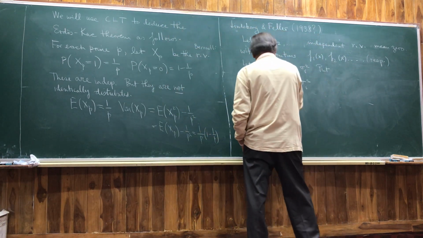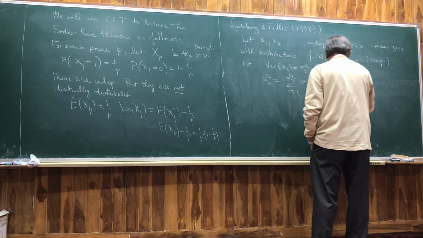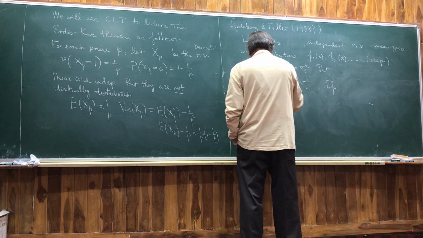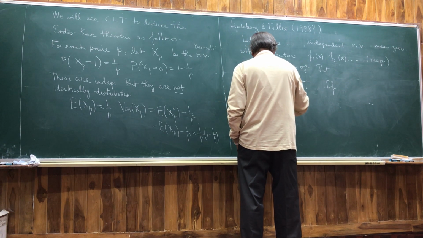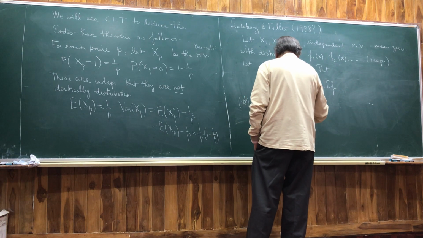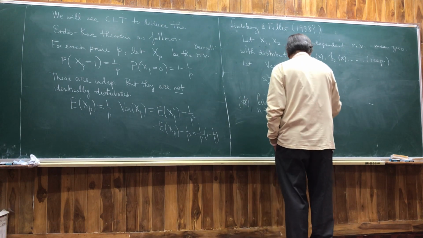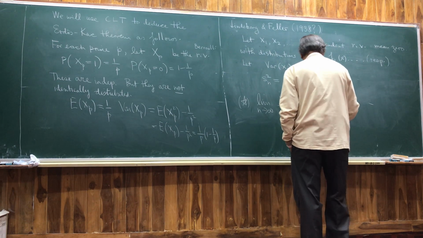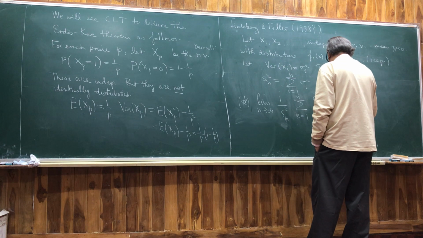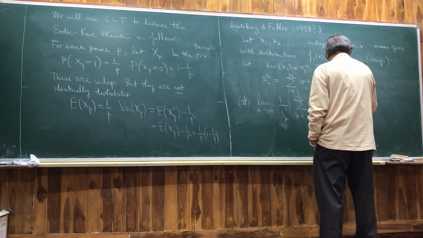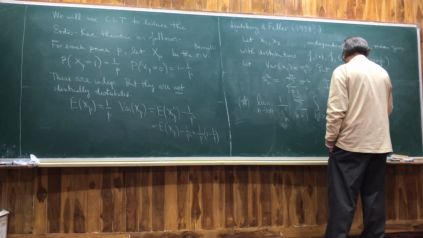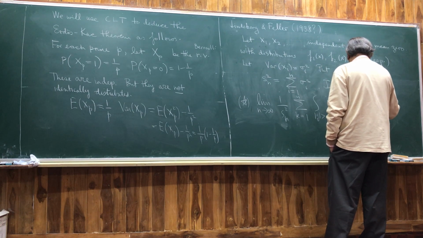Then if we have the condition star: the limit as n goes to infinity of 1 over Sn squared, summation k going from 1 to n, integral over absolute value of y greater than epsilon Sn, of y squared fk of y dy.